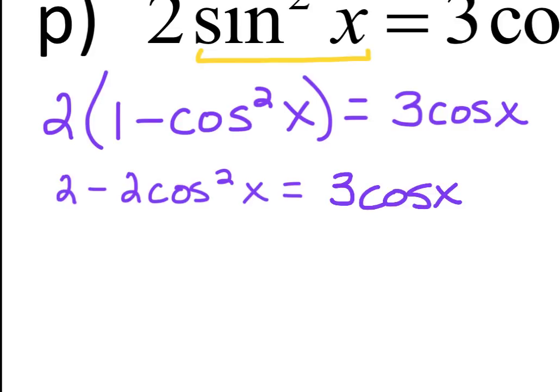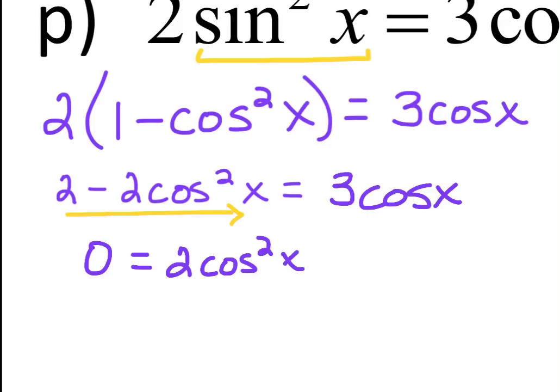I'm going to move the things from the left to the right side of the equation so that I end up here with 0 equals positive 2 cosine squared of x plus 3 cosine of x minus 2.